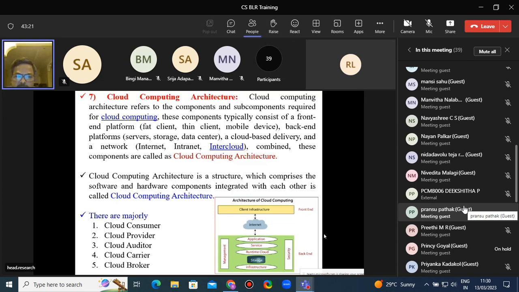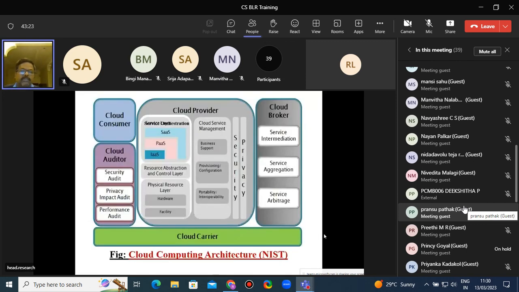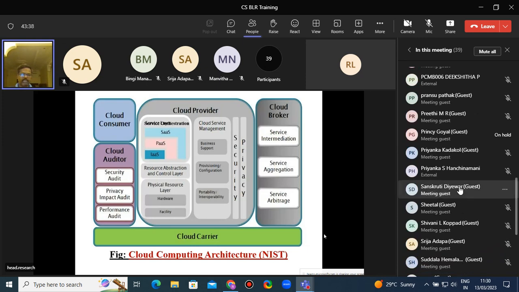We see the cloud computing architecture NIST model, service orchestration like cloud management services, cloud provider, cloud consumer, cloud carrier, cloud broker with the service intermediation, service aggregation, service arbitrage.